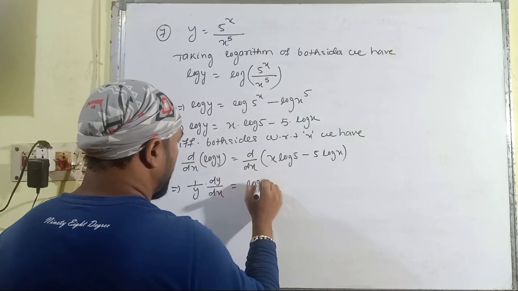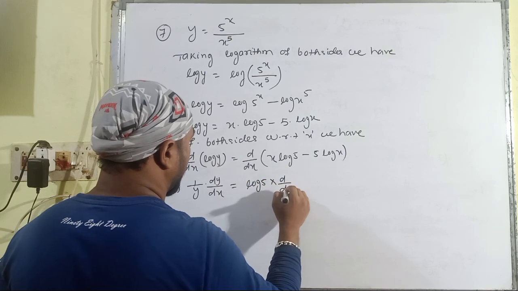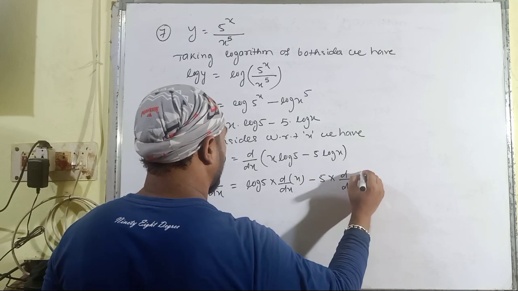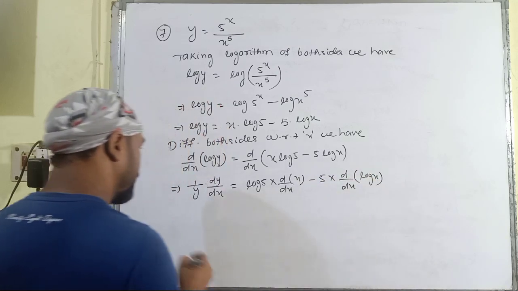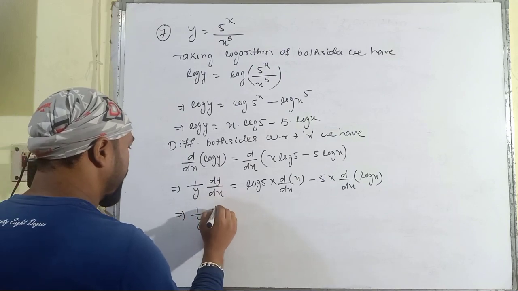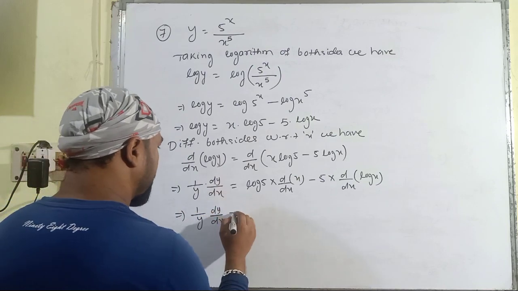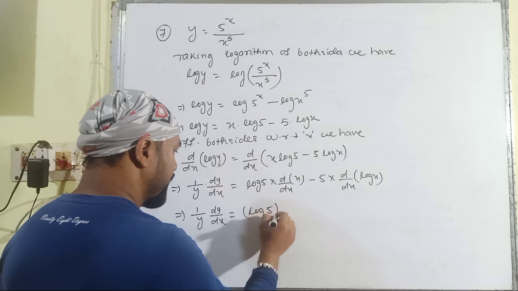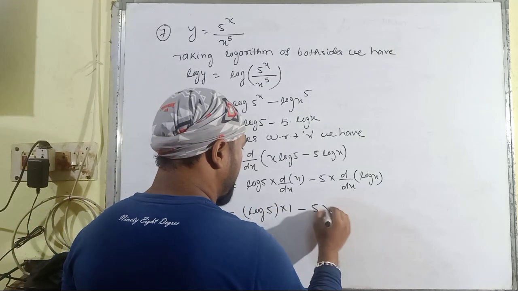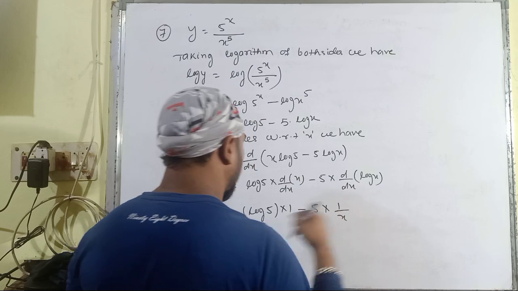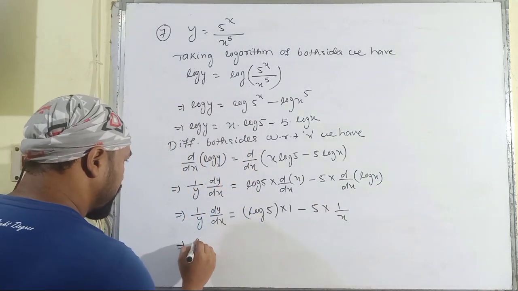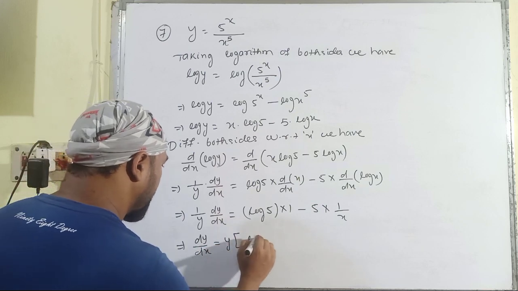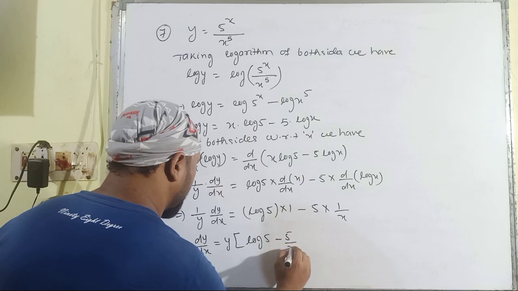It is log 5 multiplied with differentiation of x minus 5 multiplied with differentiation of log x. Then it is 1 upon y differentiation of y with respect to x. It is log 5, because differentiation of x, it is 1, minus 5 multiplied with 1 upon x, differentiation of log x, it is 1 upon x. So differentiation of y with respect to x is equal to y multiplied with log 5 minus 5 by x.